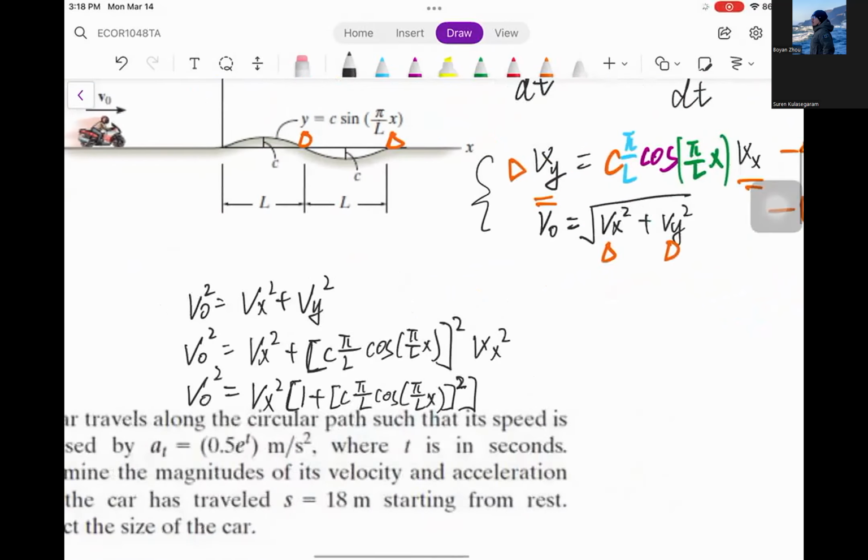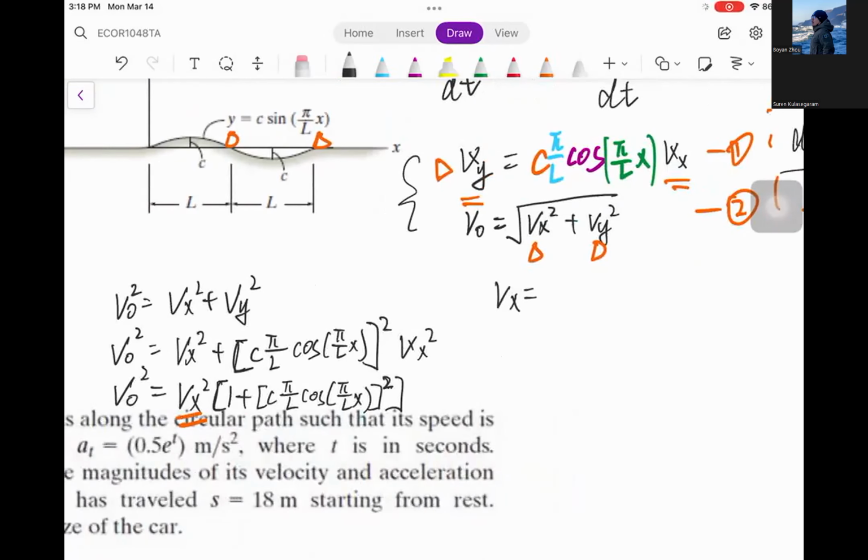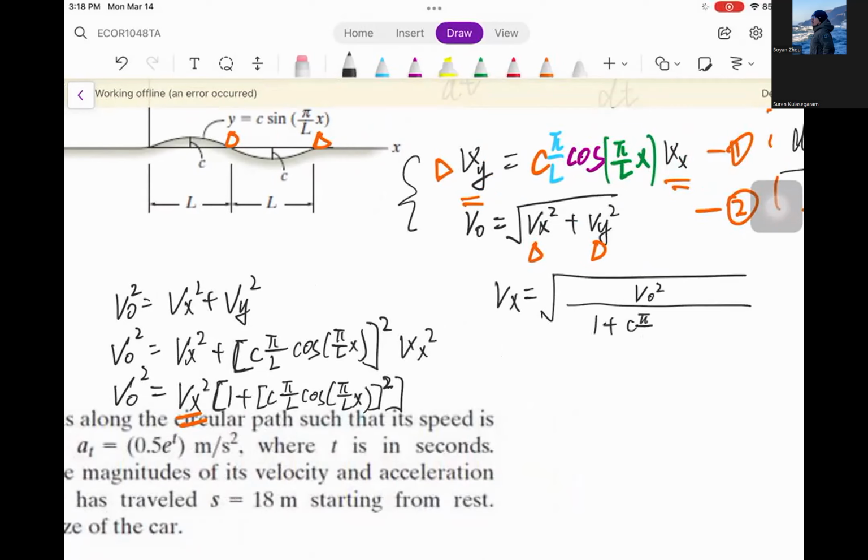Now we can isolate for Vx. Vx is equal to the square root of 1 plus c pi over L cosine pi over L x to the power of 2.